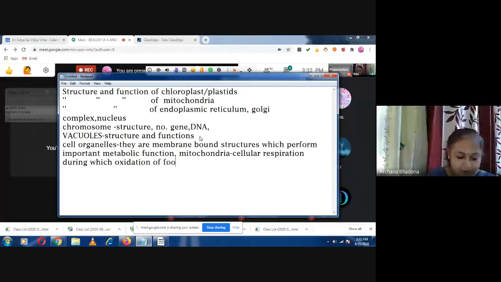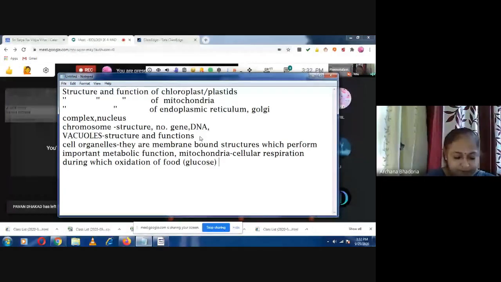Food means glucose, so you can write in bracket glucose. Oxidation of the glucose occurs, and then energy is released.